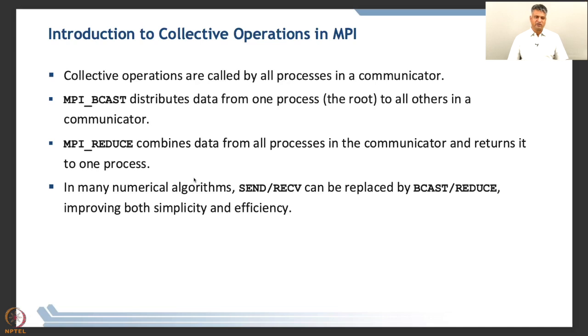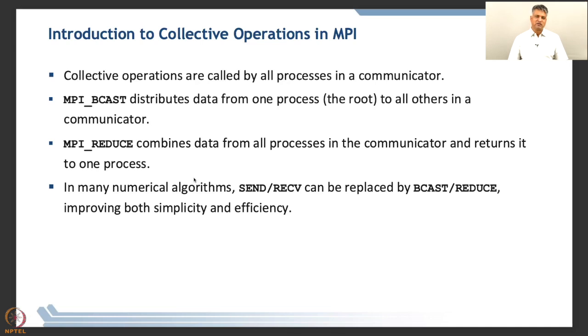Similarly, there are other functions analogous to the reduction clauses in OpenMP, where you have MPI reduce, which combines data from all the processes in a communicator and returns it to one particular process. In most algorithms, a lot of sends and receives can be replaced by broadcast and reduce.